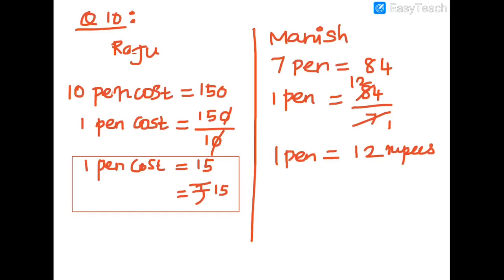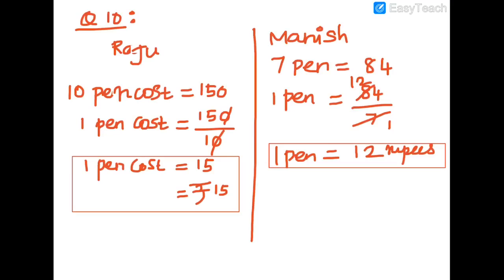They didn't ask how many pens. So can you say who got the pen cheaper? First we have to know for 1 pen how much Raju spent and how much Manish spent. Raju spent 15 rupees for 1 pen.